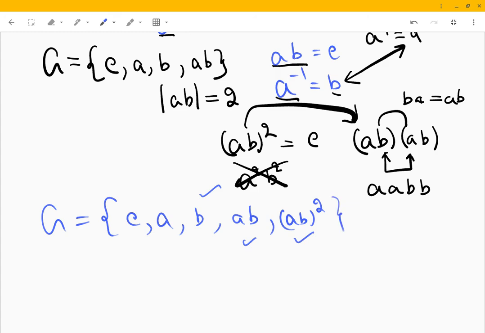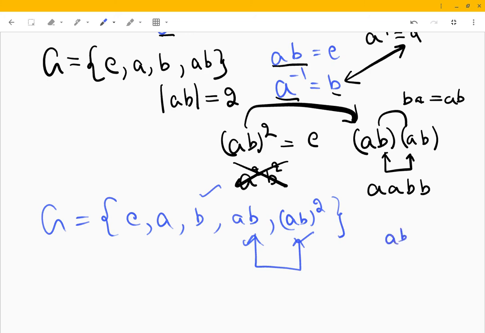And if we close the group just now, that means that AB and AB square are inverse of each other.